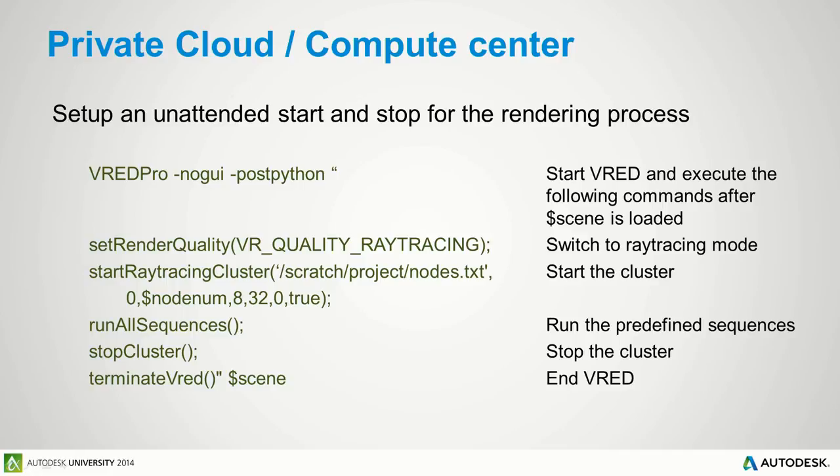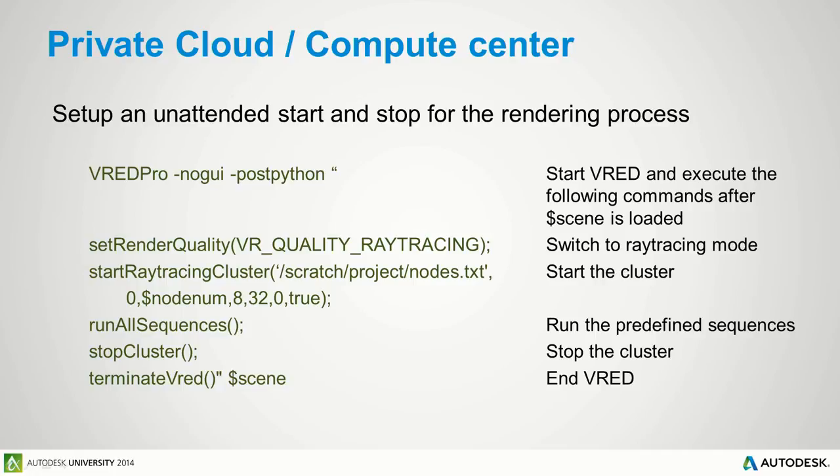Set render quality: we switch to ray tracing mode. This is important because VRED starts in an OpenGL mode, so we need to tell VRED you are in ray tracing mode. Start the ray tracing cluster, and here you see the scratch project nodes.txt. The nodes.txt is simply the file with all the addresses of my nodes.